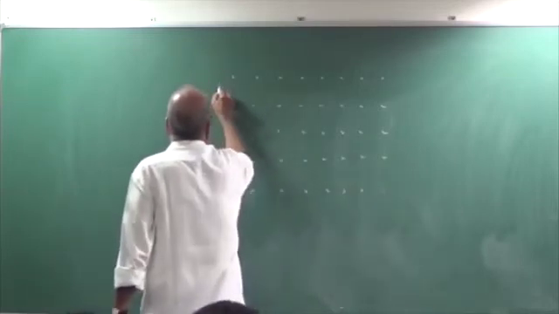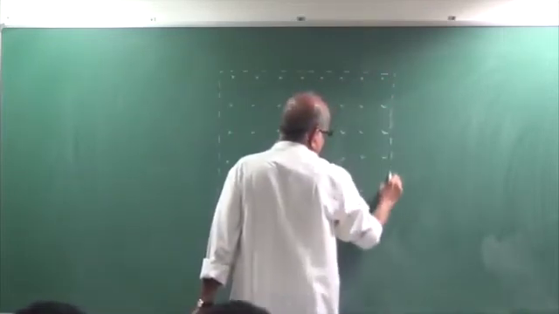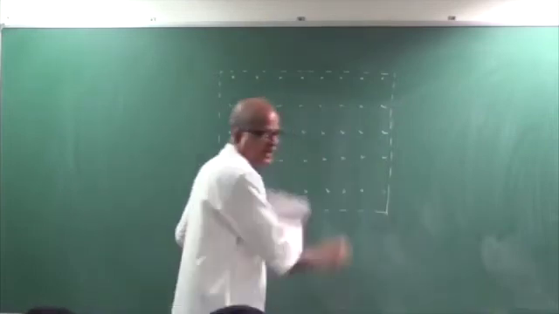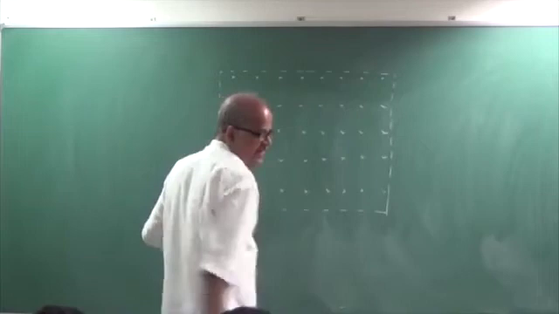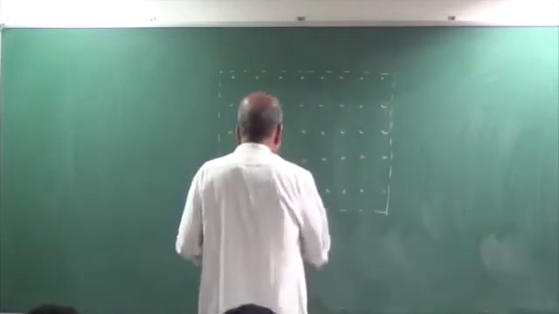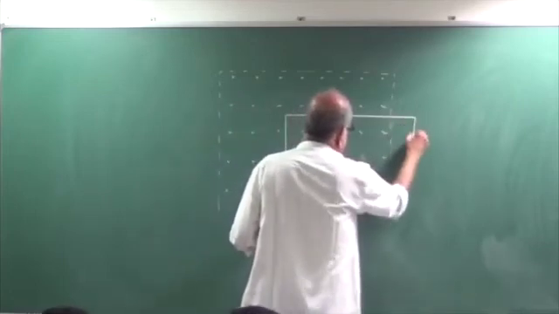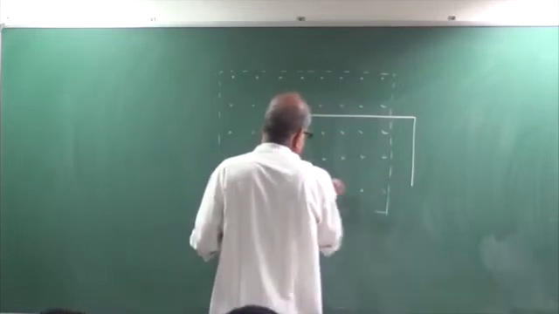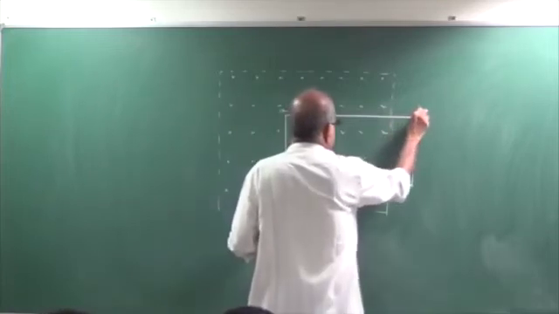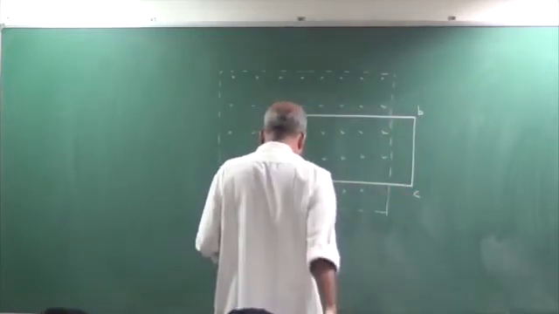So the field is confined within this region. This is the boundary of the field. So you have a frame being pulled in this direction. I'll call this frame A, B, C, D, say.